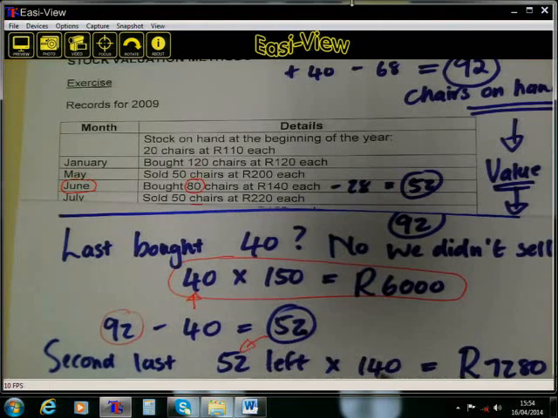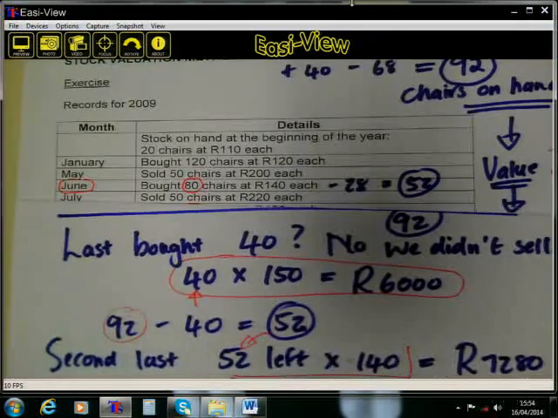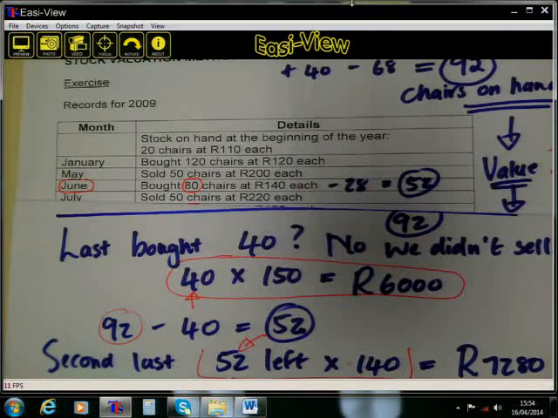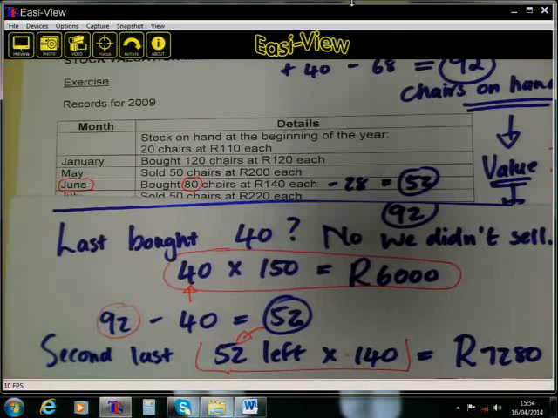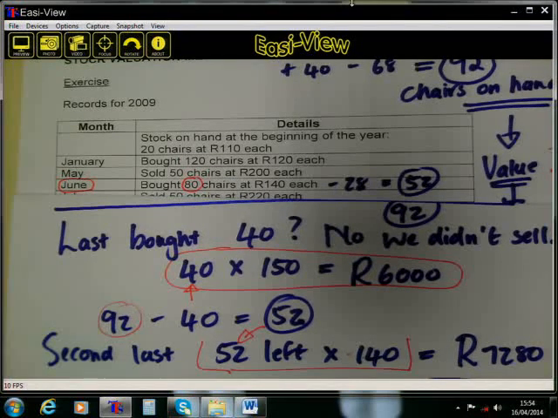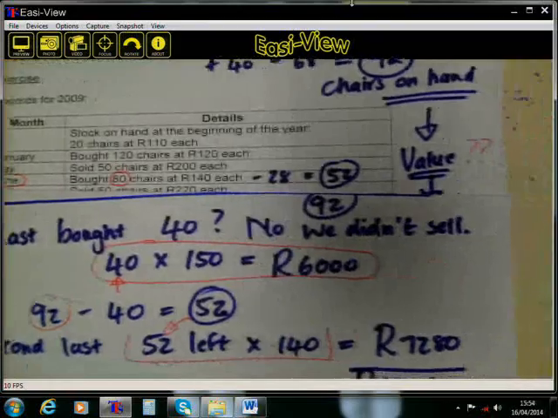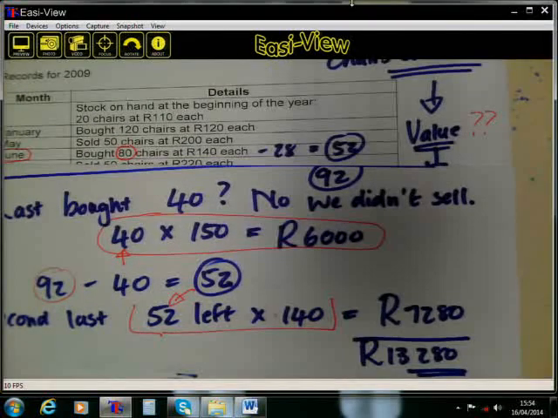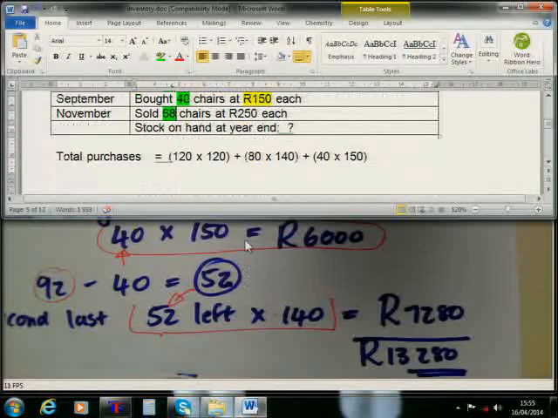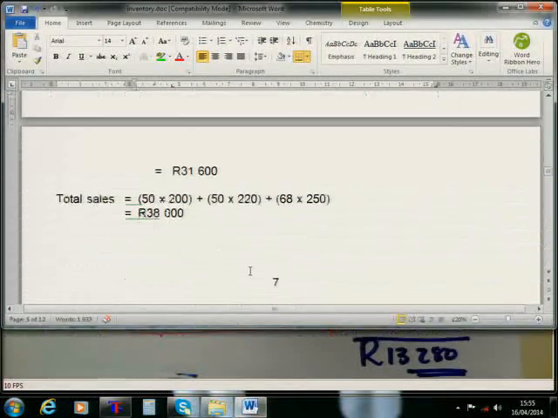So those 52 you calculate at the 140 rand, which was the price that you bought for in June. So the value of your closing stock is 13280. I'm going to show you the calculation there, and I just want you to concentrate on that.